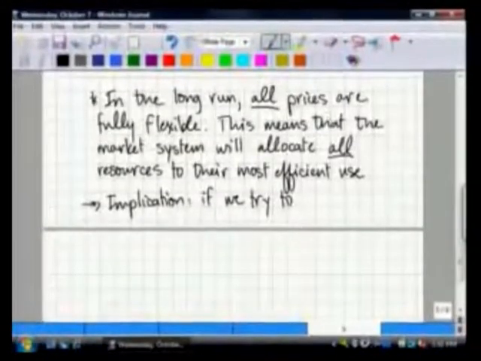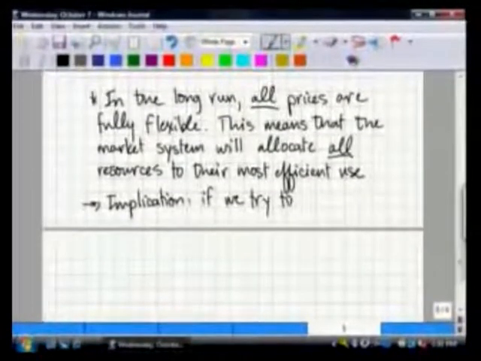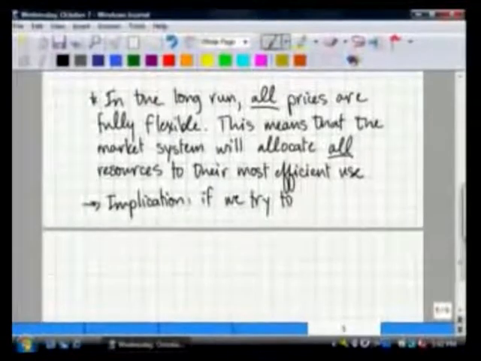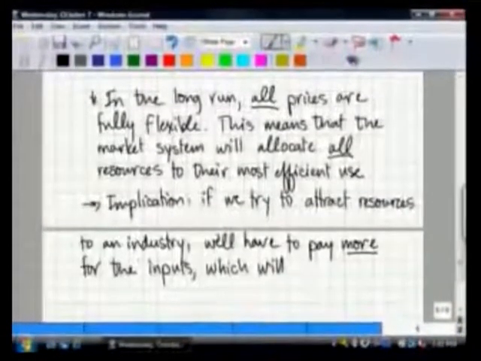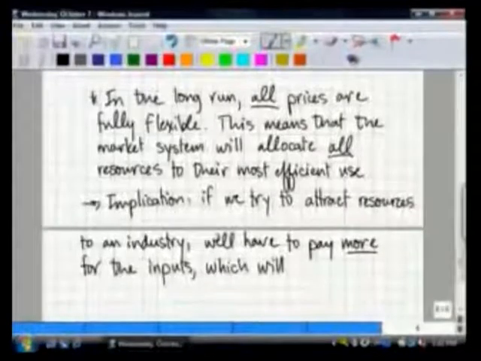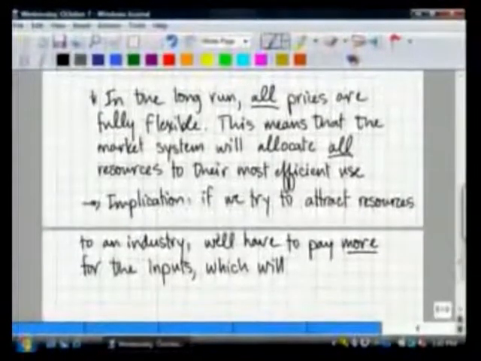We have to pay higher prices to do that. And paying higher prices is going to lead to further adjustments, and other uses are going to compete back for the resources, and we're going to end up simply pushing the price level up without actually increasing the amount that we produce. So we'll have to pay more for the inputs, and that will trigger an adjustment to all the market prices, and make the machinery of the markets go through a new round of adjusting.